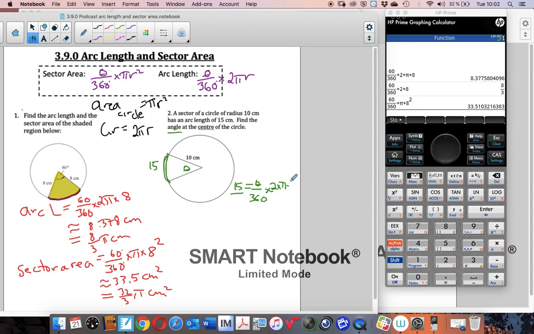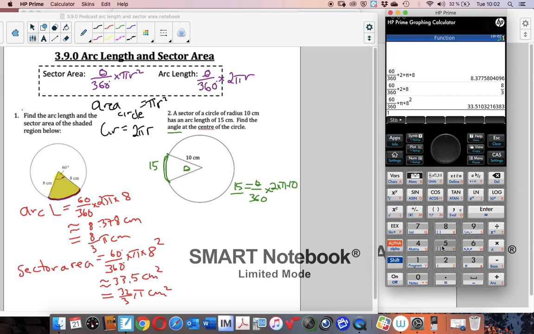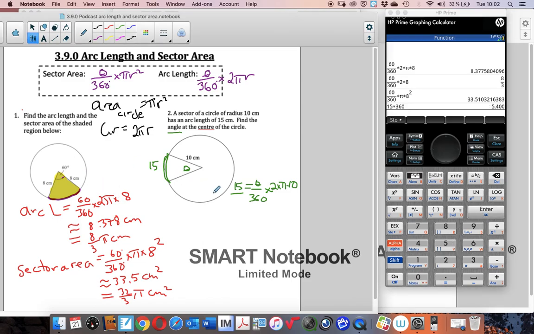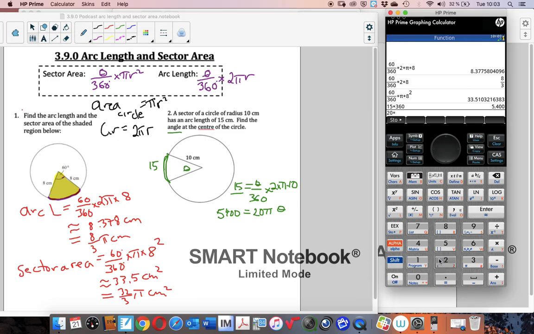Okay, a little bit of work here, so we're going to do 15 times 360. I'm just going to bring the 360 up. So it's 5,400, which is equal to theta times, and then you can just go ahead and get a decimal for this. Can you see that this is 20 pi? Or if you want to, you can just do this as a decimal right away.